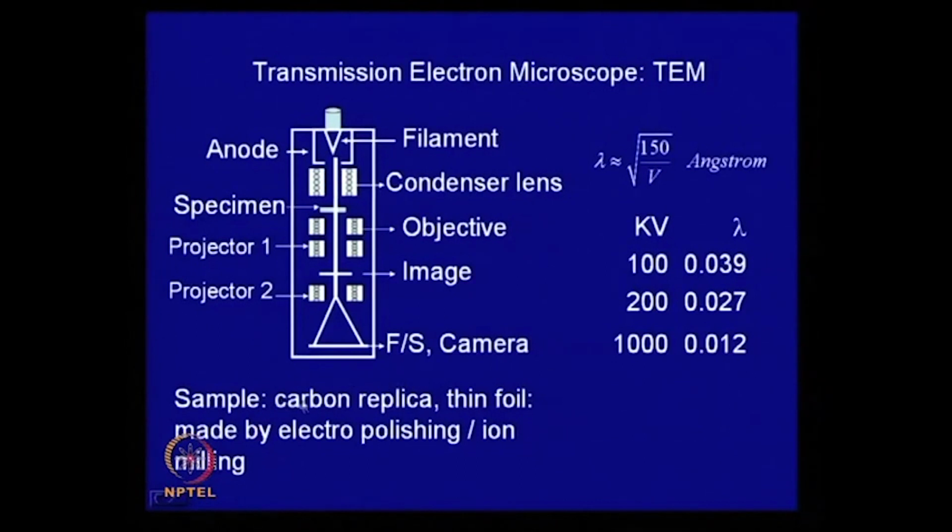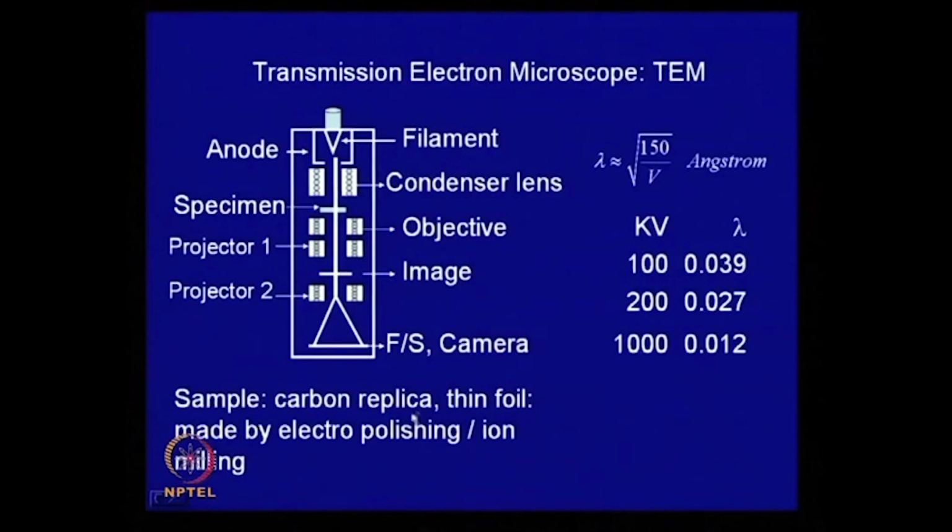Sometimes, by using some special etching technique, it is possible to extract some of the particles from the metal surface, and you can also look at how these particles are distributed.